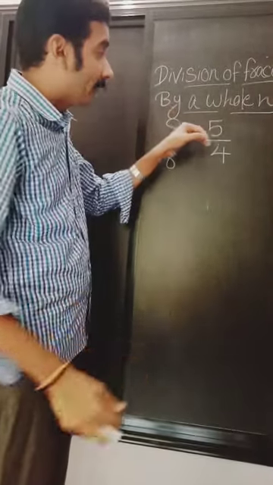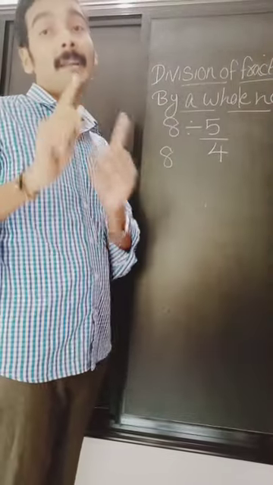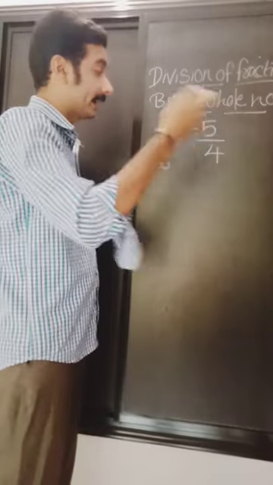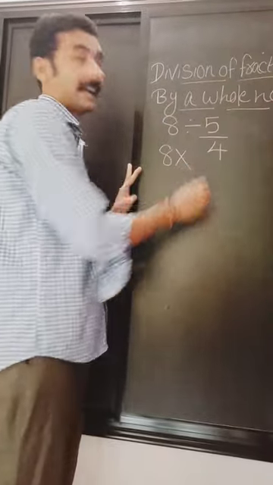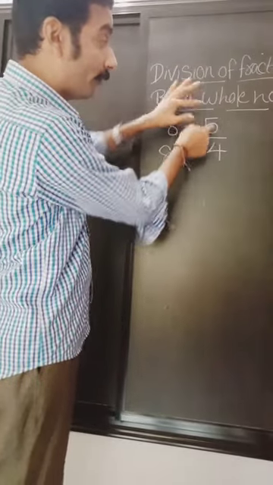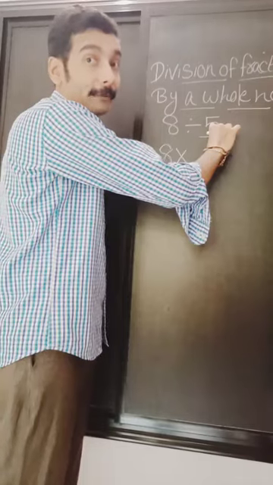This can be converted. Division can be converted into multiplication. Then the reciprocal of 5 by 4.